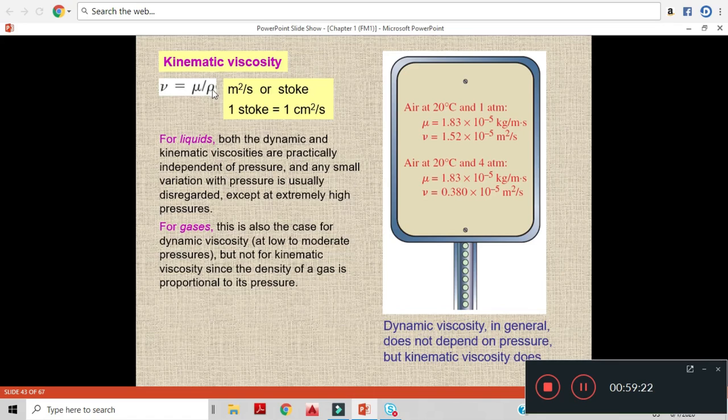Density depends on pressure, and because of that the kinematic viscosity is changing.